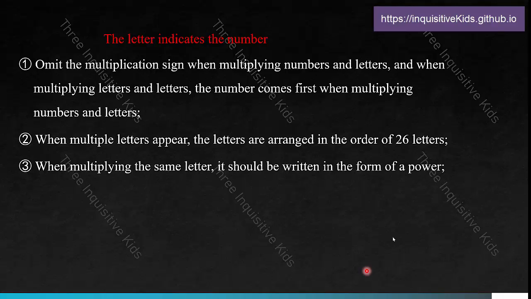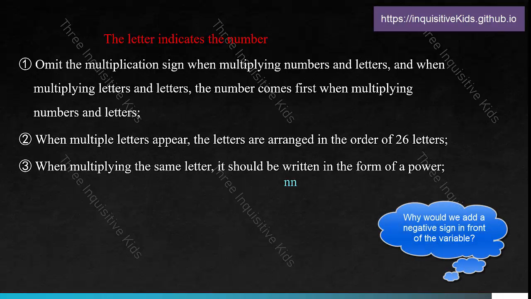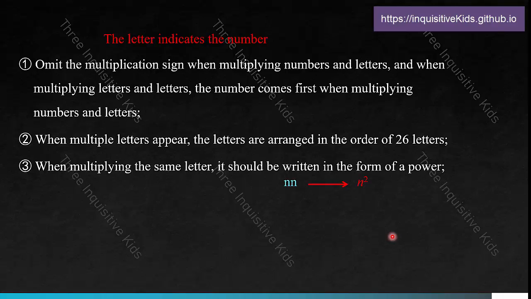And then the third one, when multiplying the same variable, it should be written in the form of a power. What this means is that, for example, if we have n times n, we don't write nn because that would look weird. And so to keep it more organized, we're going to write n to the second power.